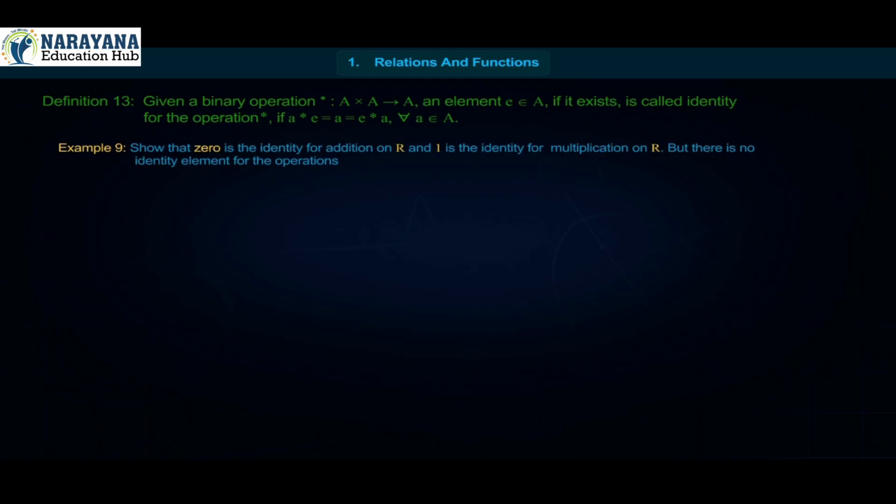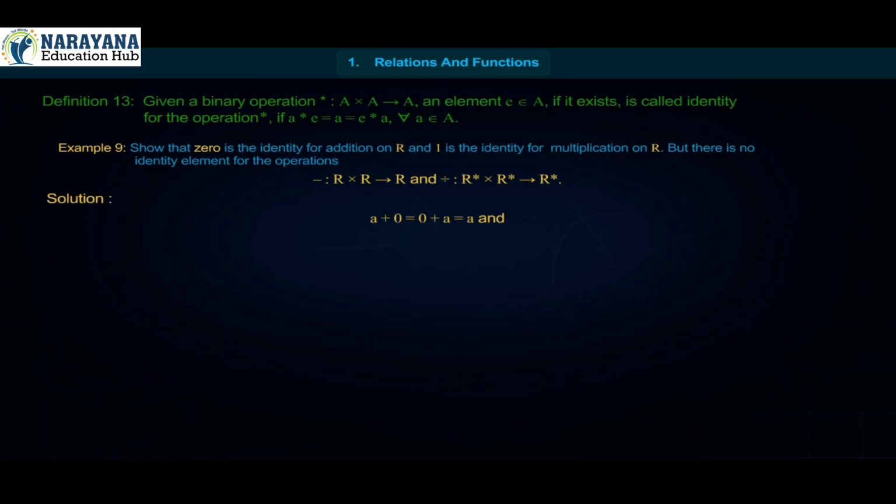Show that 0 is the identity for addition on R and 1 is the identity for multiplication on R, but there is no identity element for the operations subtraction from R × R to R and division from R* × R* to R*.